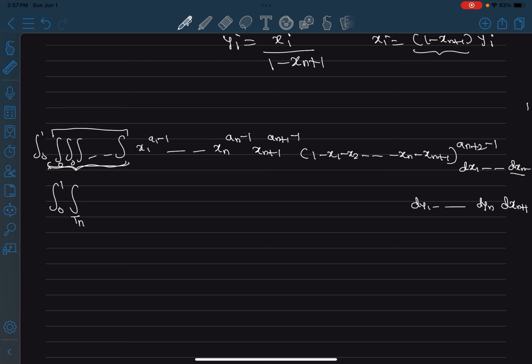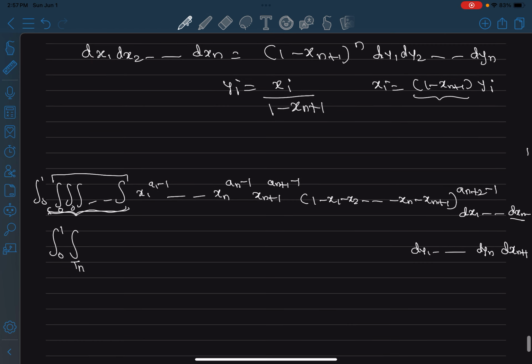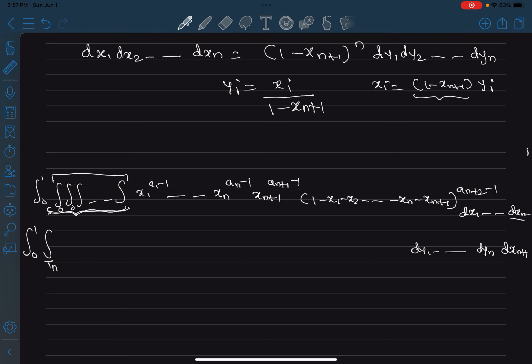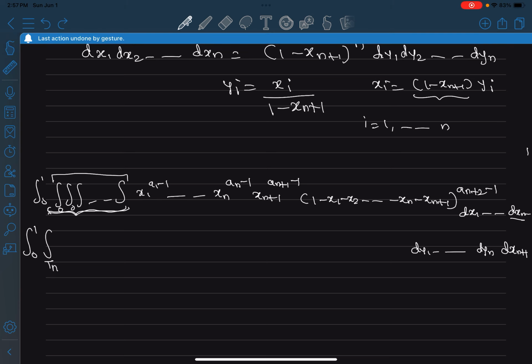So now we know what our substitution is. Over here, notice that this was for i from 1 to n, so just for those xi's we are going to substitute. There are n such.